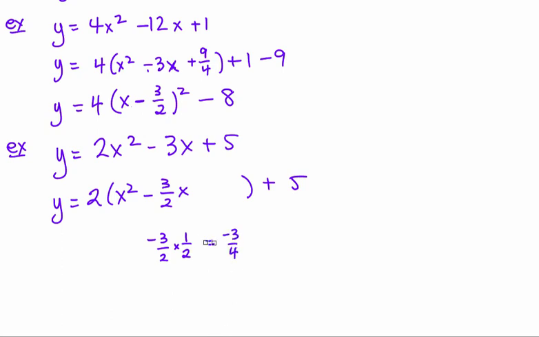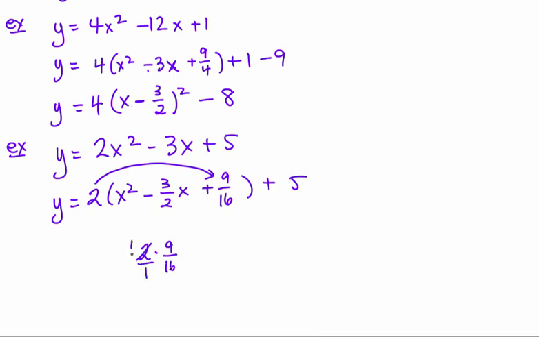Then I square that, and that would give me 9/16. And now I added 9/16 in here, but what did I really add? I really added 2 times 9/16, or 2 over 1. This can cancel, so I really added 9/8, so I have to take away 9/8.